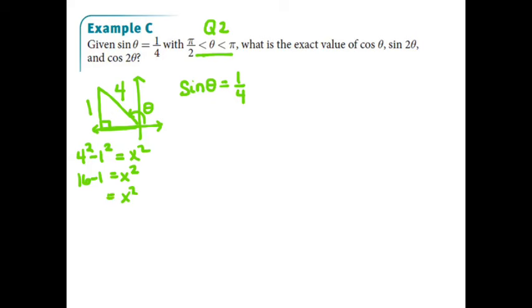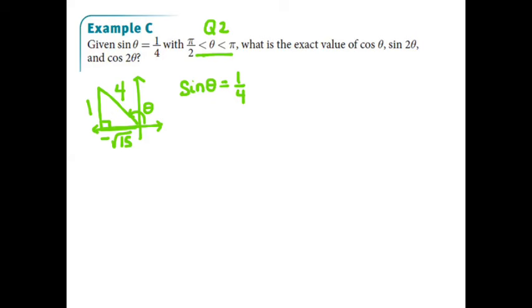So x squared is equal to 15, and x would be the square root of 15. And since we are in quadrant 2, x is actually going to be the negative square root of 15, because x's are negative in quadrant 2. So I'm going to erase that work and just label negative square root of 15 on our triangle.